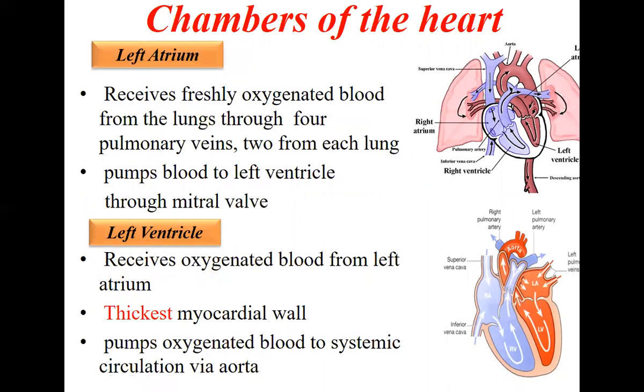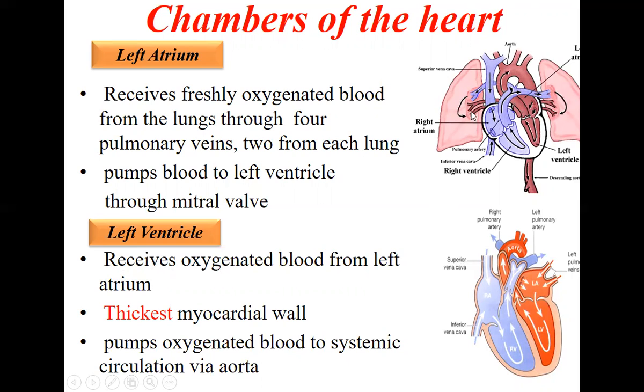Now this blood has gone to the lungs and gets oxygenated. Now it comes back to the heart through the pulmonary veins, back into the left atrium. So the left atrium receives freshly oxygenated blood from the lungs through the 4 pulmonary veins, 2 from each lung.